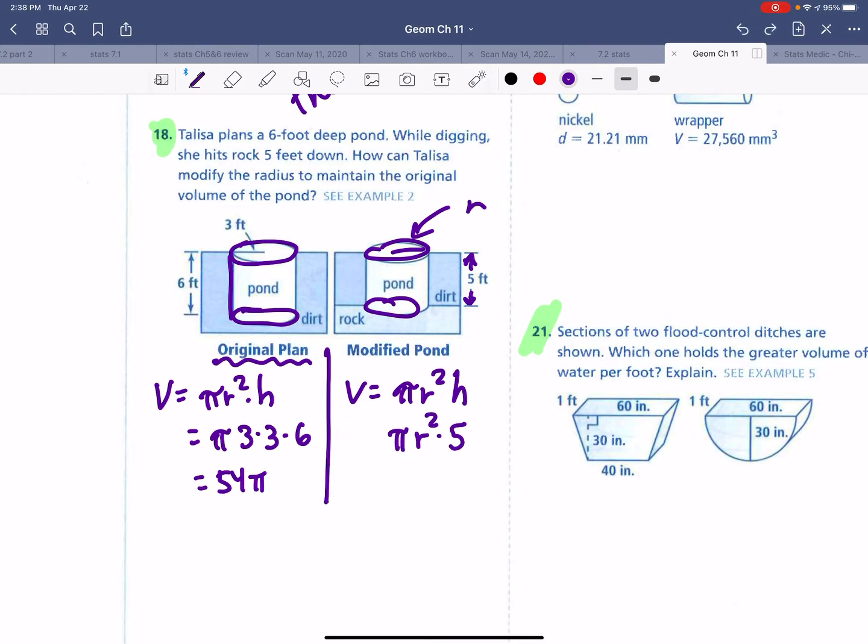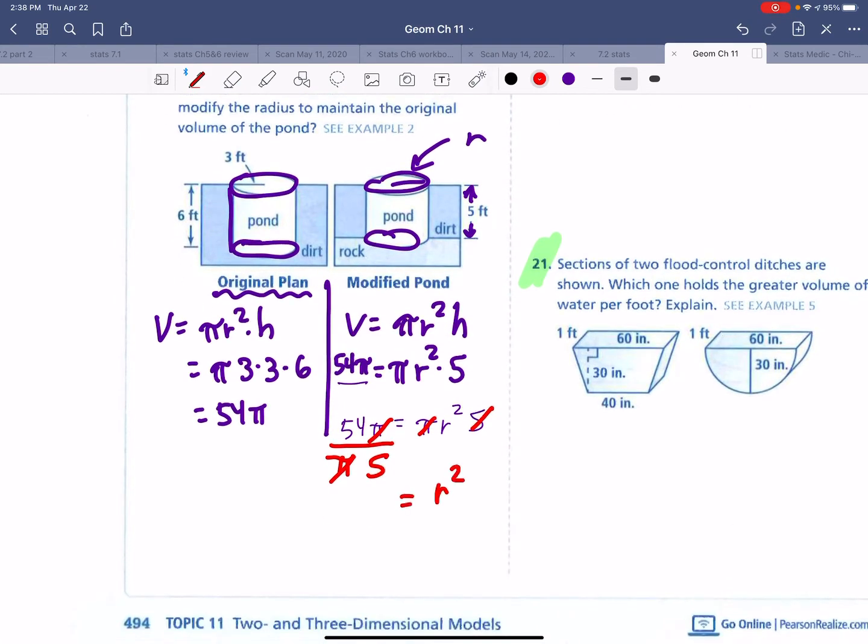I ran out of room there. Give myself a little bit more room. Interesting. So now I could divide both sides by pi, or like I said, using the Lynch swap, we can move this one down and move the 5 down. And notice these cancel. And so the radius squared is 54 over 5.